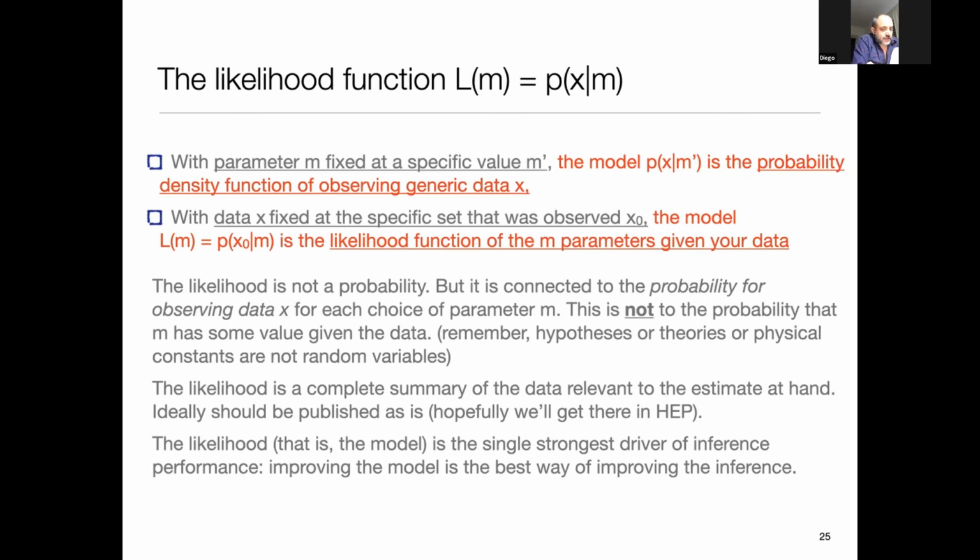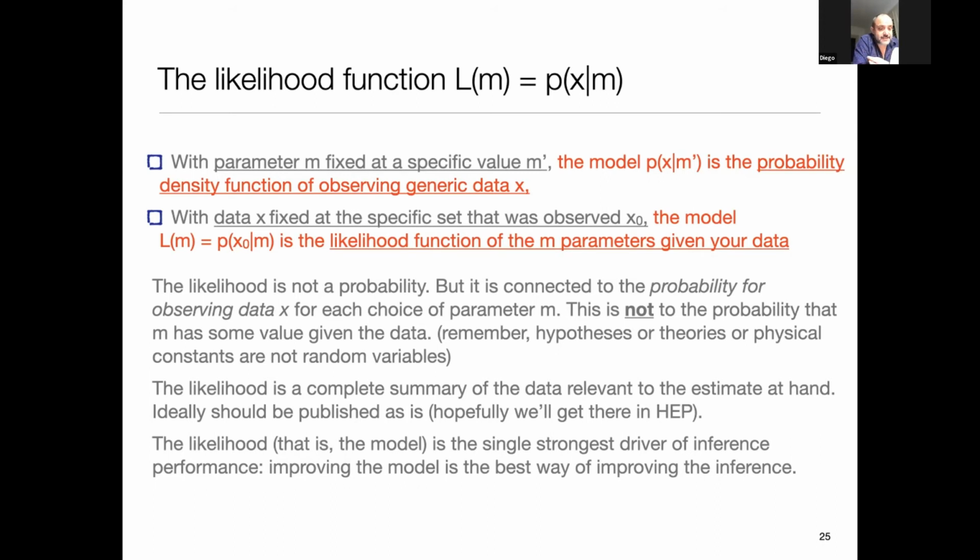Because if you take the model P of X given M and you fix M at a specific value, for instance M prime, so you fix the physics parameter at a specific value, then the model P of X given M prime becomes the probability density function of observing generic data X.